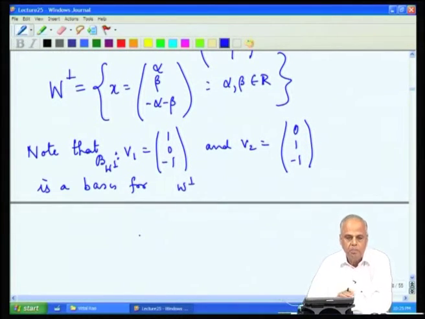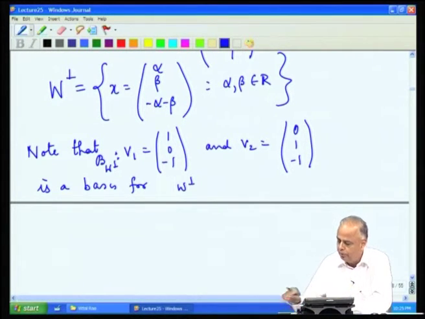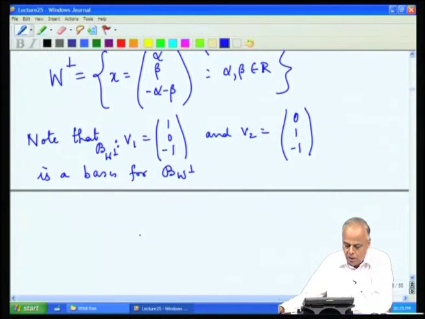Therefore, they span, and they are obviously linearly independent, and therefore, they form a linearly independent set in W perp and span W perp, and therefore, they form a basis for W perp.